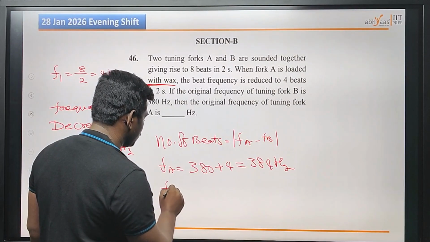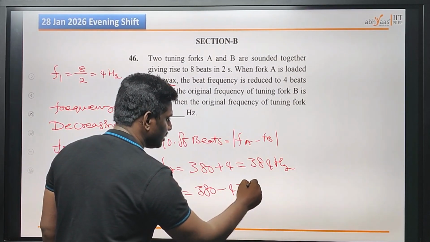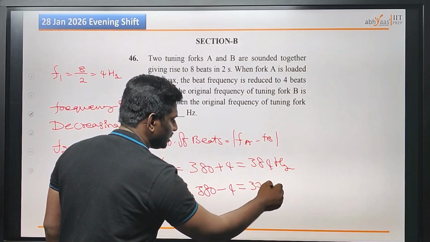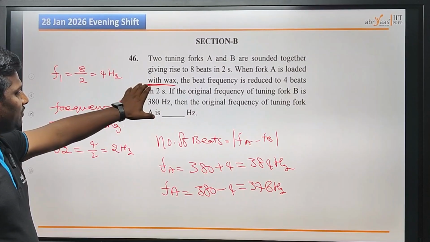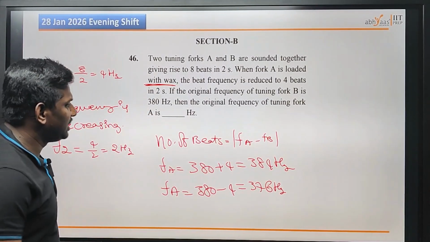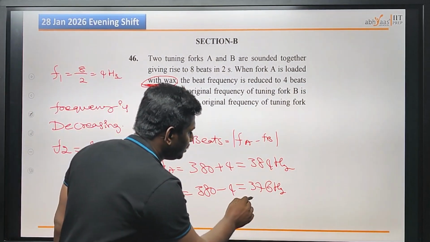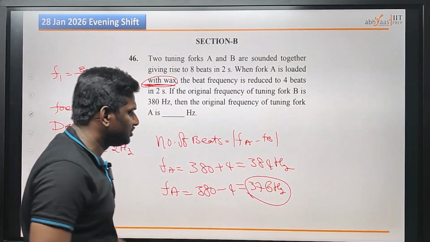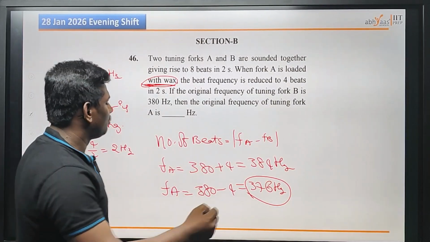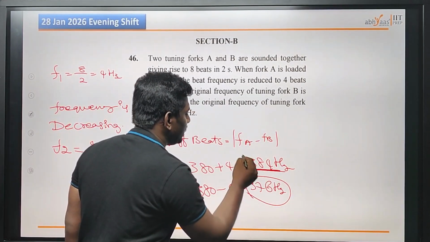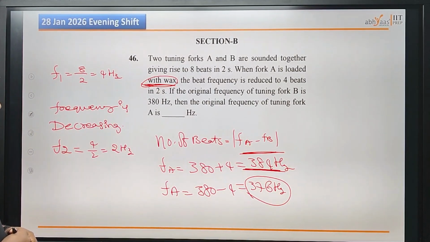And one more condition, FA equal to 380 minus 4, that is nothing but 376 Hz. If we add some wax, it is a reduced frequency. What is the original frequency? Our original frequency is 384.